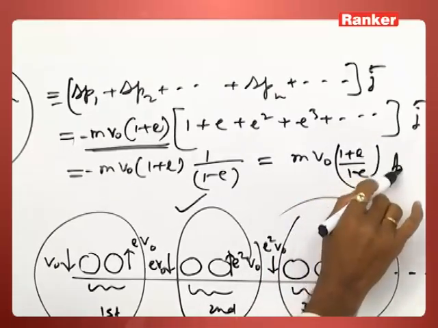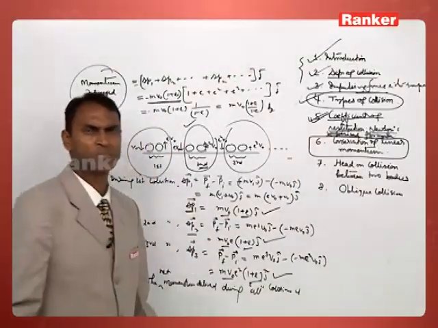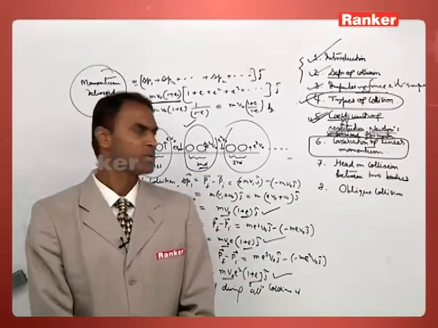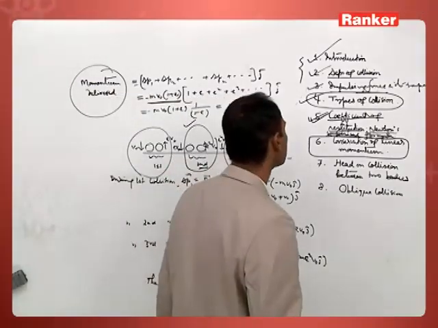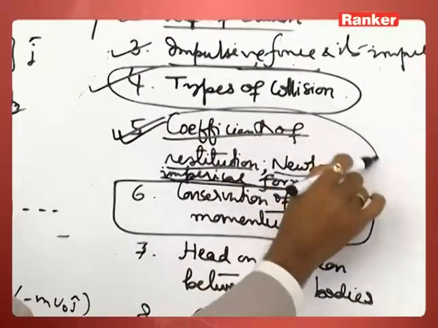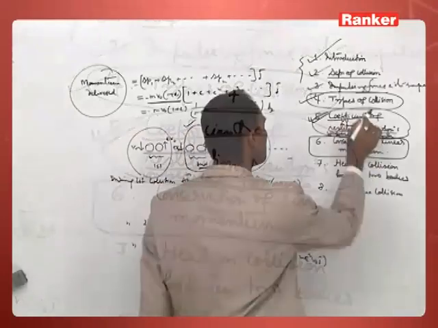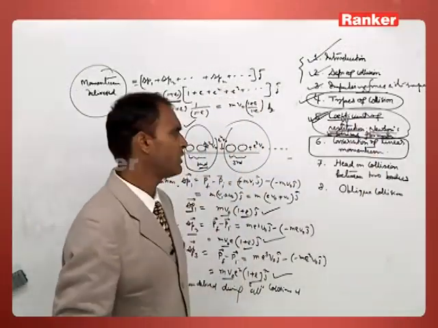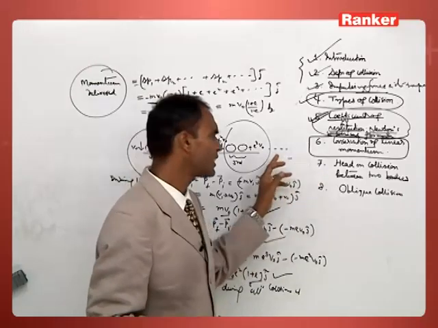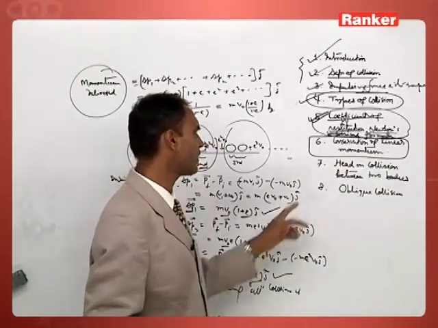That's a nice problem. e is the coefficient of restitution. After this problem, I think you understood the meaning of coefficient of restitution and Newton's empirical formula. It will be helpful for us to proceed for solving the general problems of head-on collision and oblique collision.